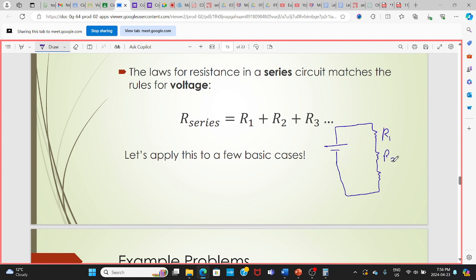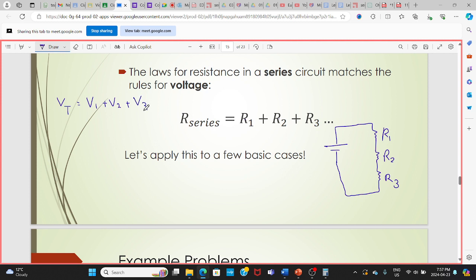R1, R2, R3. Since they are connected in series, the total resistance of the circuit is equal to R1 plus R2 plus R3. I can prove that for you. You know that in a series circuit, V total, or V of the battery, is equal to V1 plus V2 plus V3.